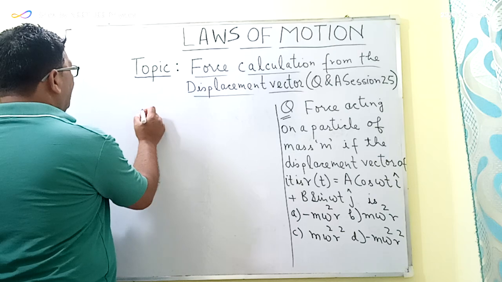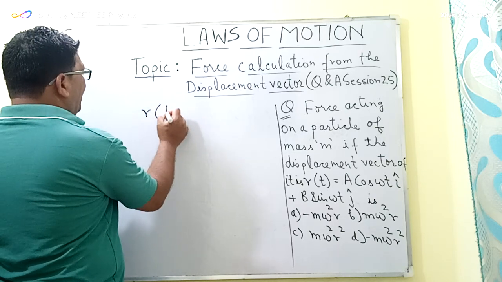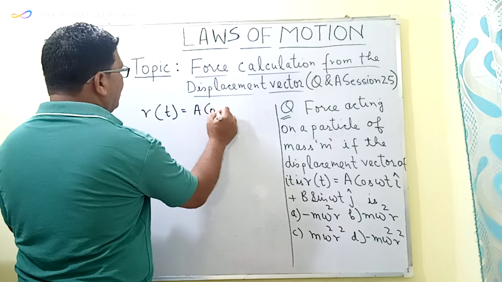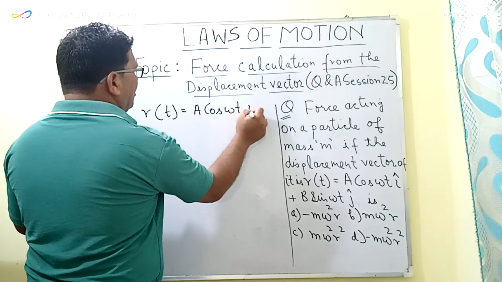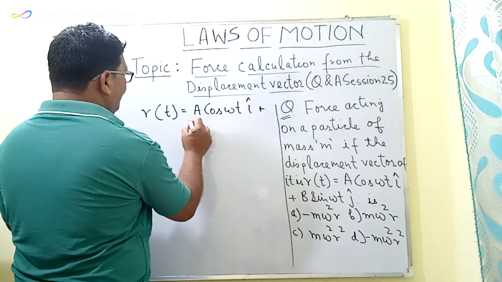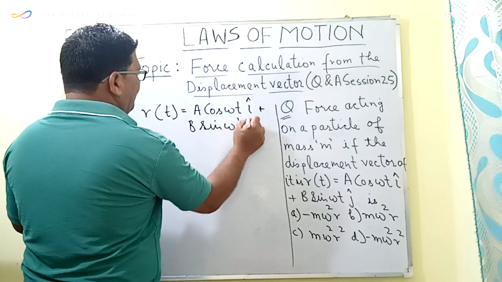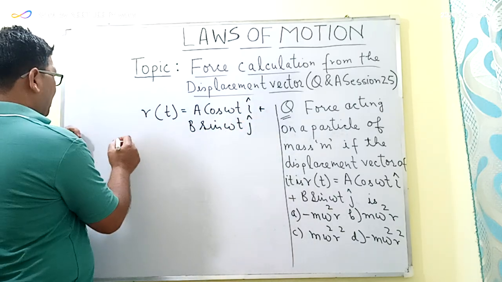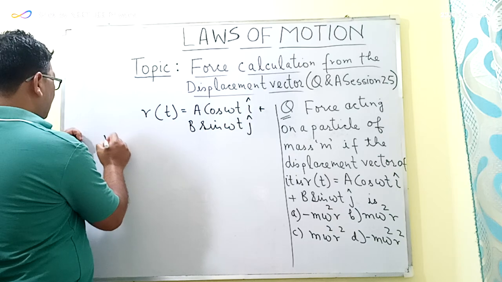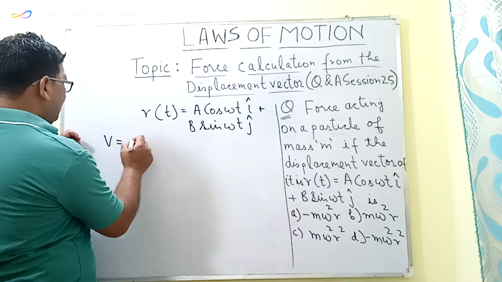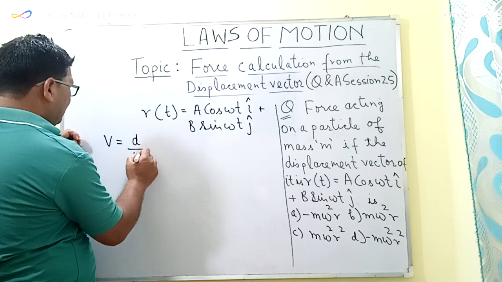So here the displacement of the particle at any moment of time is equal to a cos omega t i cap plus b sin omega t j cap. If I differentiate this equation with respect to t, then I will get the instantaneous velocity, which is equal to d r upon dt.